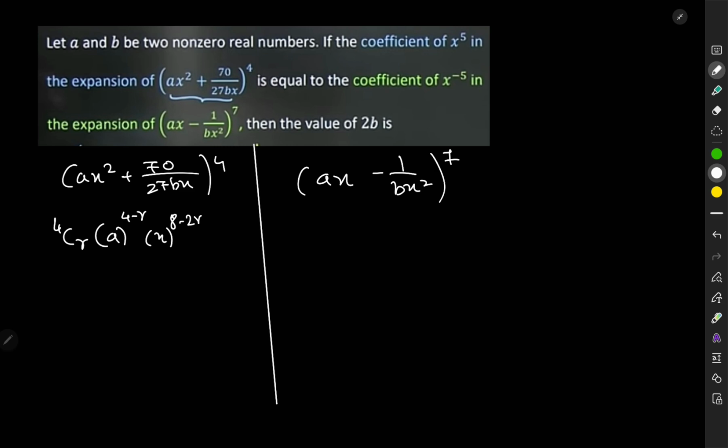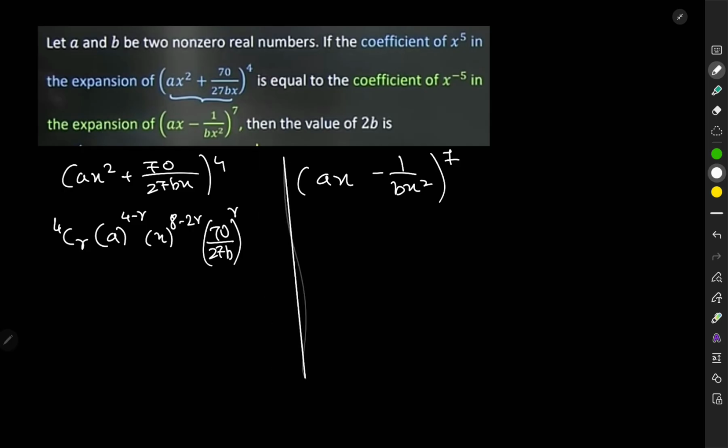And (70/(27bx))^r, so I can take x to the power minus r. So 8 − 3r is equal to what? 5, right? So I'll get −3 by −3, which is r equal to 1.